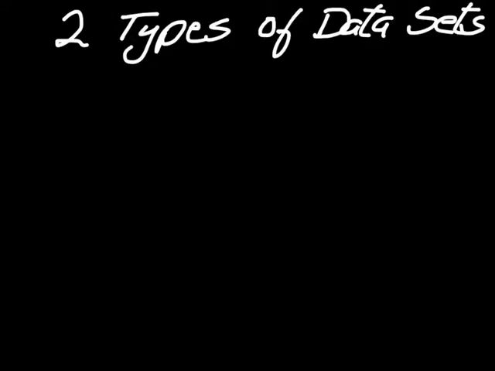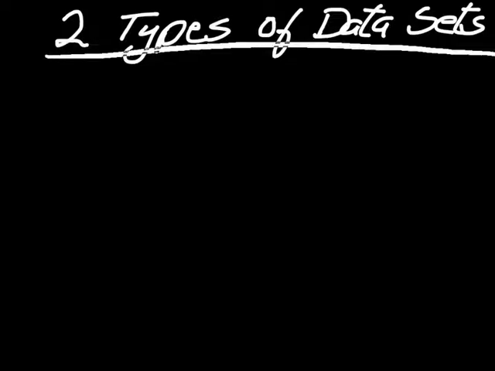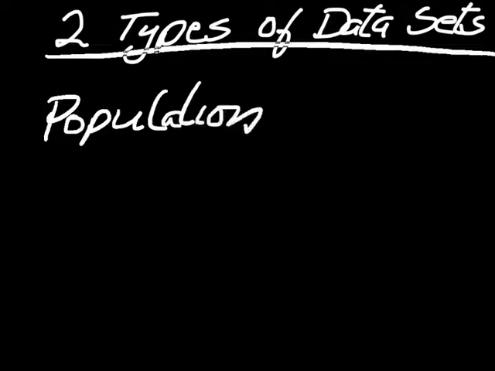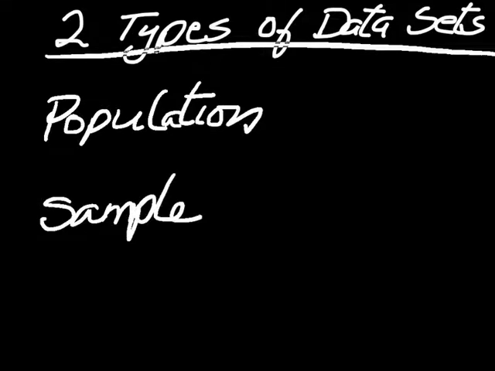The next thing we want to talk about is that there are two types of data sets. The first is called a population, and the second is called a sample. It's very important that you're able to tell the difference between these two when you read problems and have to decide. So what is a population?